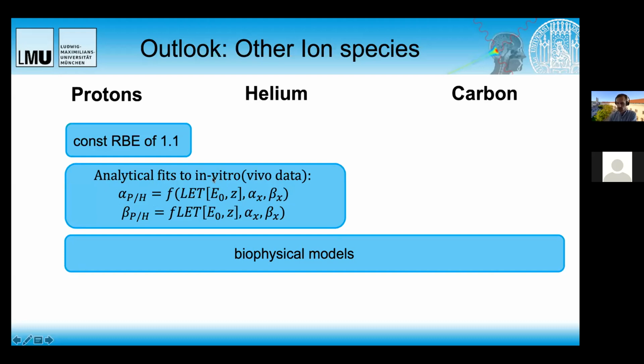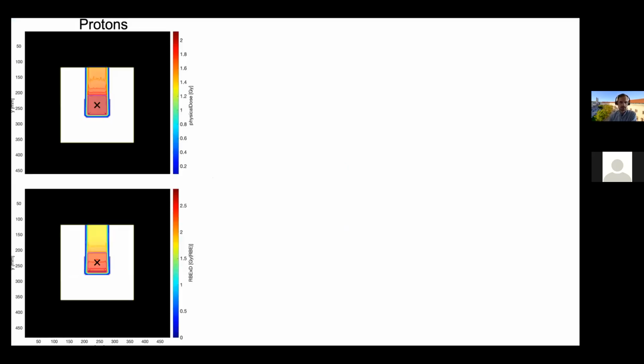But long story short, I want to show you now an overview of the different radiation modalities. On the upper left plot, you see our water box phantom, and I irradiate this inner square area here with protons, and I optimized it for a physical dose of 2 gray.